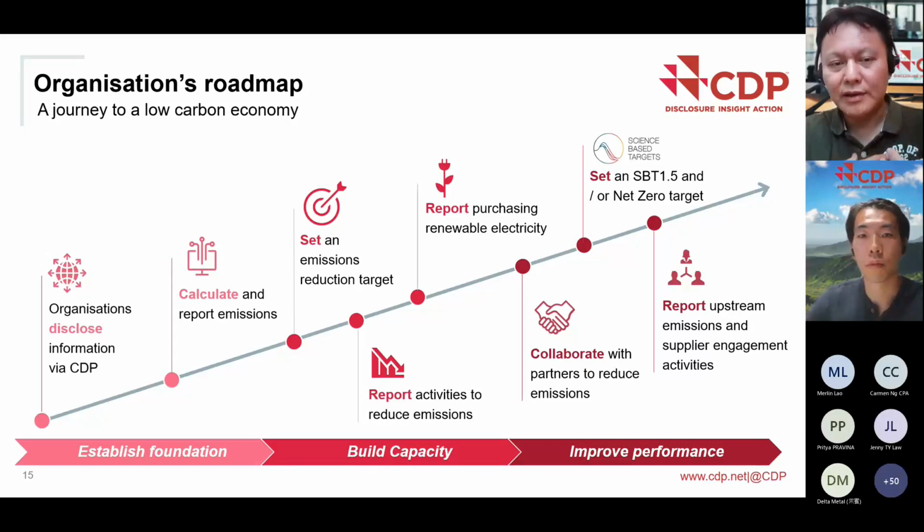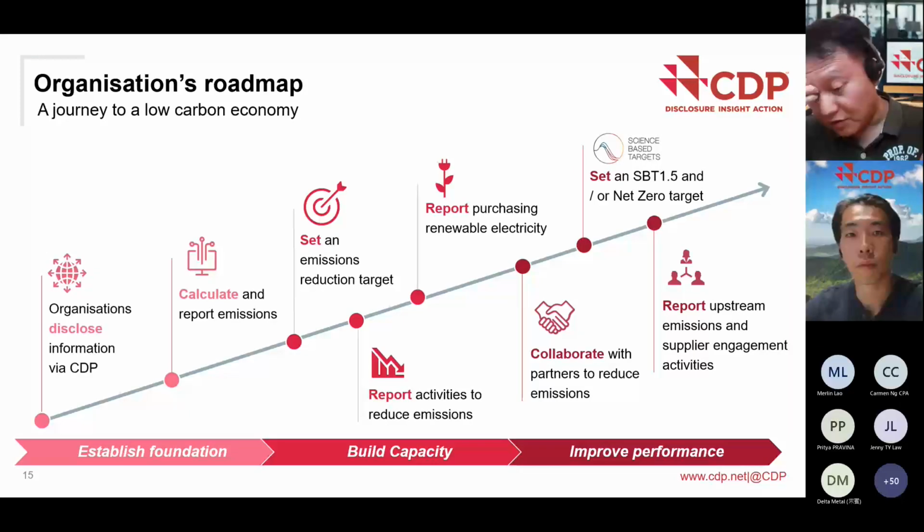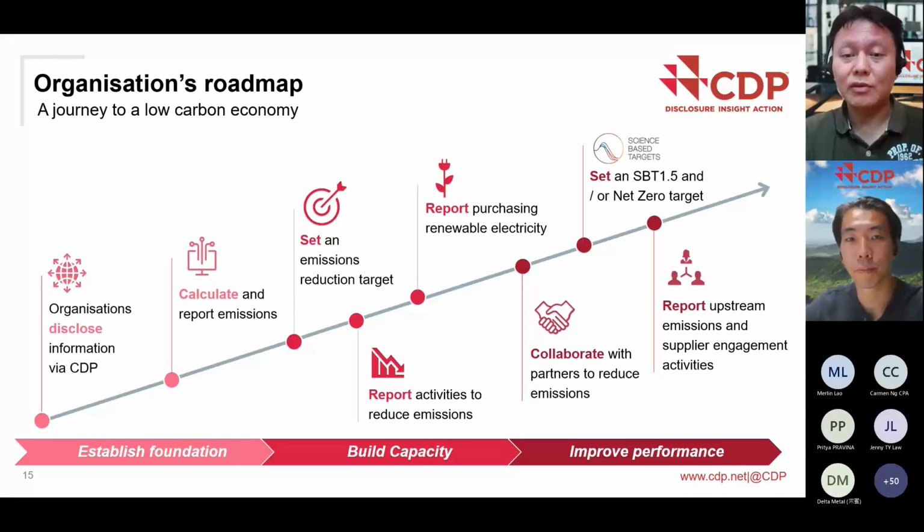And by the time you're on this journey, it's just going to feel better and better. Once you've figured out what it is that you're doing, what it is that you're missing, and you disclose it openly, then you'll be wanting to make your way on this journey of reporting, on collaboration, to set a science-based target so that you are in line with the world's capability to hit 1.5 degrees, which is absolutely crucial.